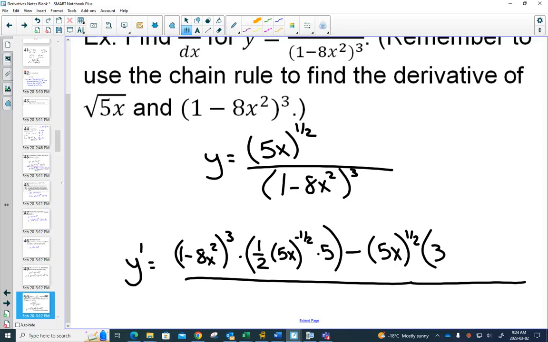So the chain rule says outside function, subtract 1 from the exponent, keep the inside the same, multiplied by the derivative of the inside, over, what do we do on the bottom? Square the bottom, so the cube will become a 6.